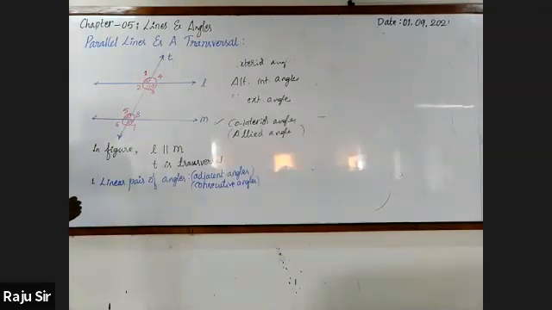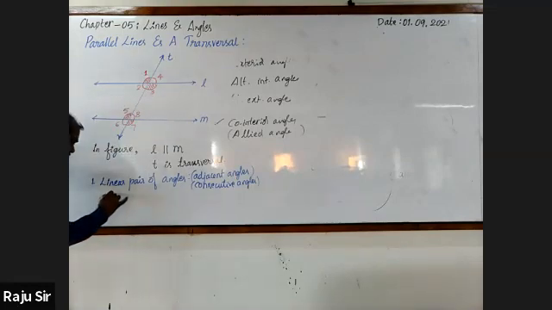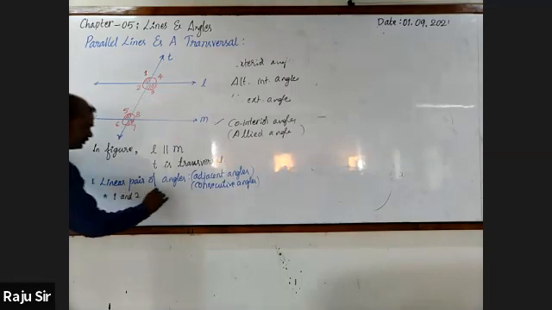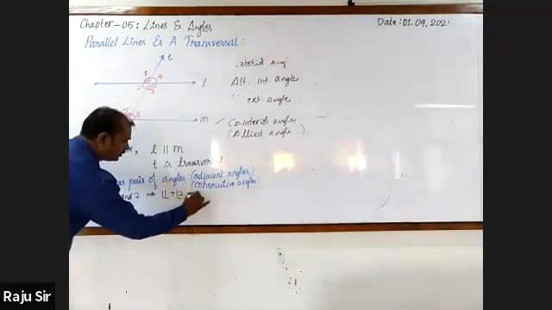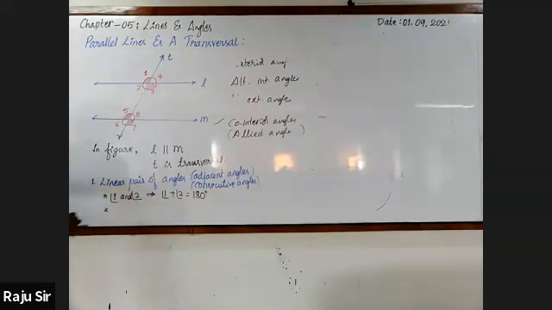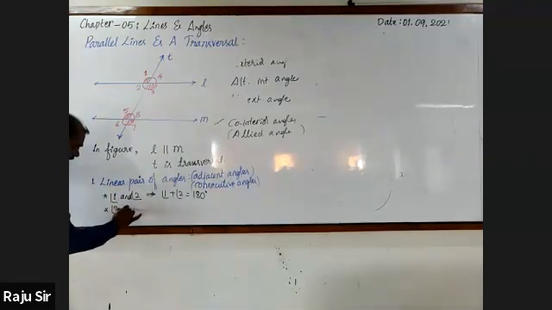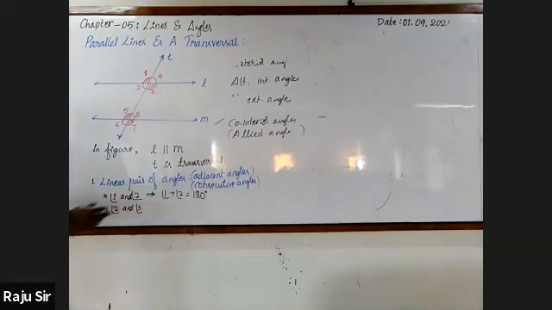Okay, let us go for writing them. Still the linear pair of angles. First, 1 and 2. What is the relationship between 1 and 2? Angle 1 plus angle 2 is equal to 180. Next, angle 2 and angle 3, it is common, but 180 is not necessary.